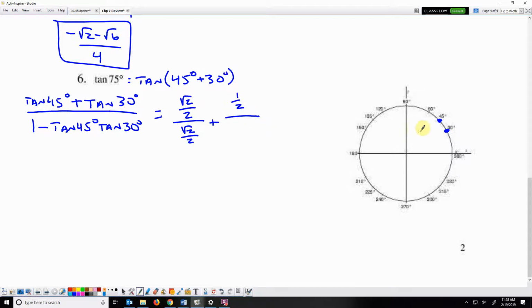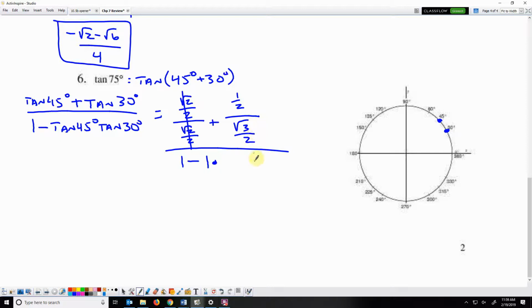The x value, third position right, root 3 over 2. All over 1 minus. And now when I do tangent 45, I'm going to write the simplified version. That's a fraction over the same fraction. That'll simplify to 1. 1/2 over root 3 over 2.